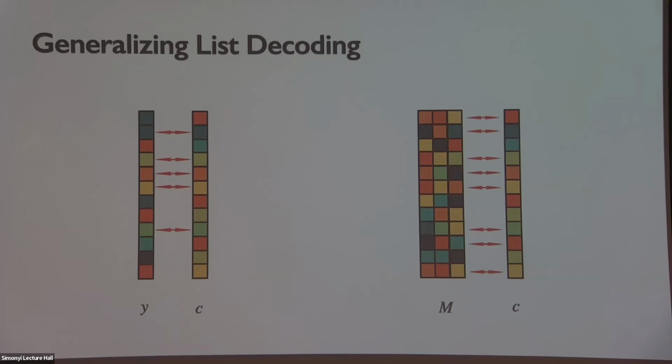So I can ask then, for every matrix, or set of input lists, a set of lists of size 3 for every coordinate, that the number of code words that agree a lot with those lists is small. So formally, how does that look?